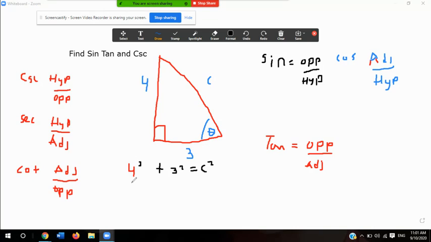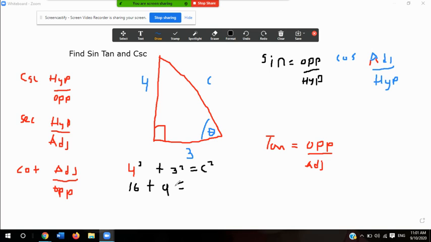So 4 squared is 16. 3 squared is 9. And c squared is what I'm looking for. And we have 16 plus 9, which we're going to add, and then finding the square root of that will allow us to find the missing value.